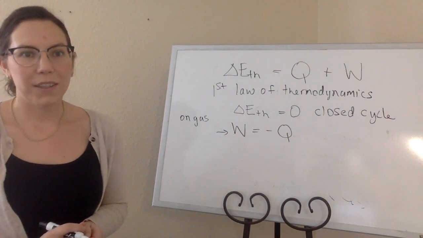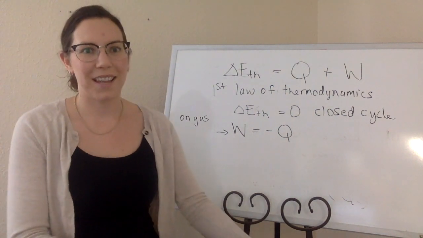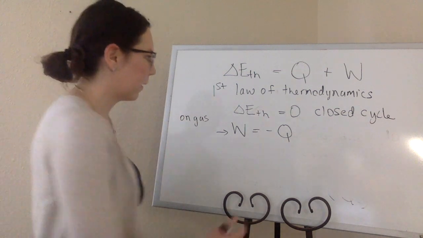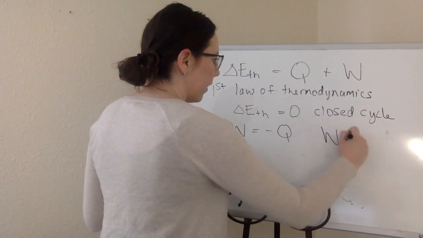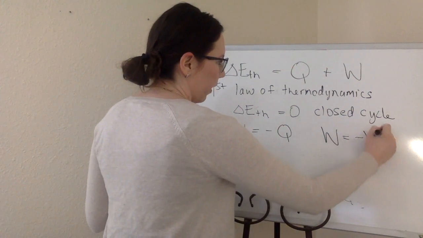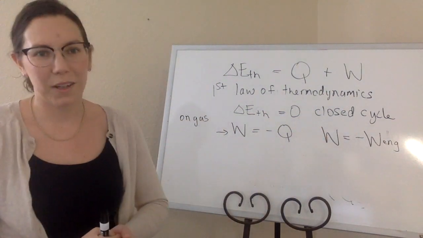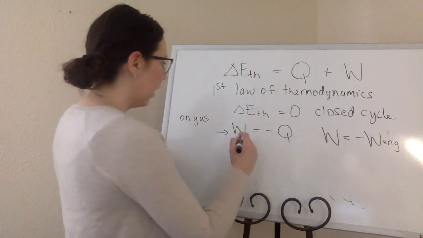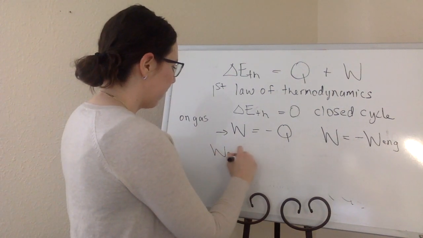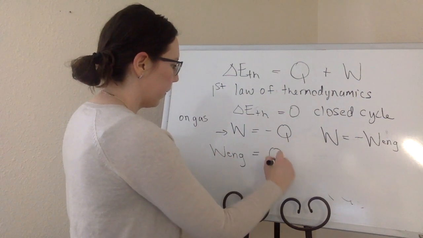In this case, we're interested in the work done by the gas that goes into doing a useful process. So the work done by the gas is the negative of the work done on the gas, and we get the work done by the gas equals Q.